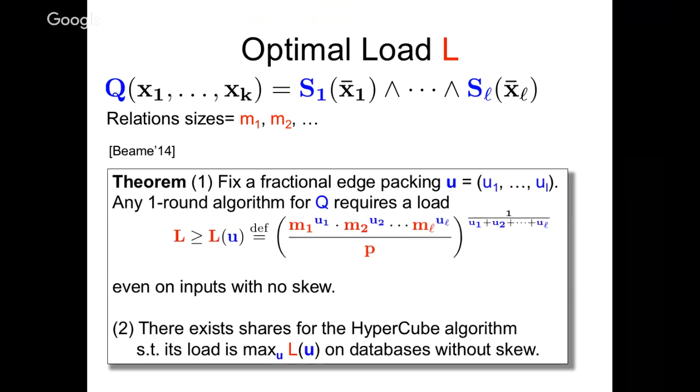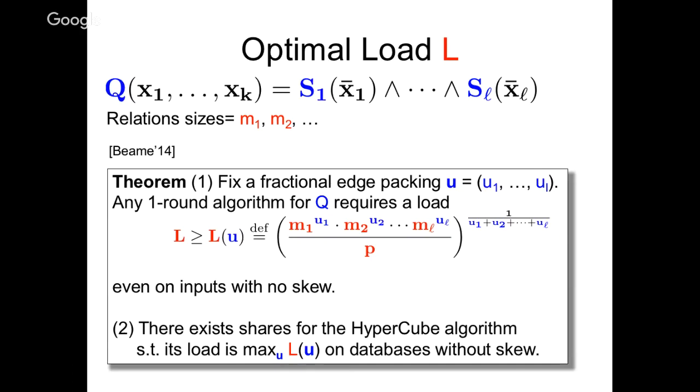Okay, so this is now the theorem that completely characterizes the load for computing a conjunctive query with arbitrary input sizes in one round. For any fractional edge packing, not just an integral one, define this expression. It is a geometric mean of the sizes with the weights given by the fractional edge packing, divided by P to the power 1 by the value of the fractional edge packing.